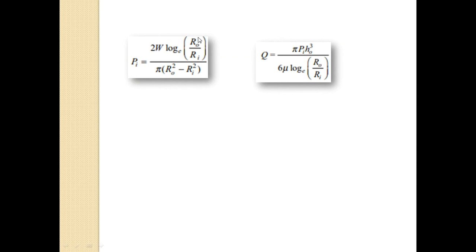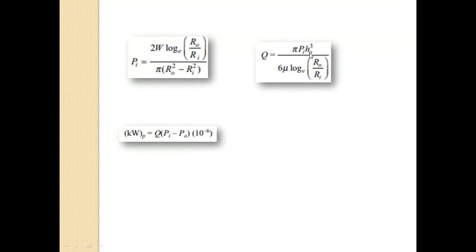We have to find H naught. Mu is given, the coefficient of viscosity. Rho and Ri are given. So we get Q in terms of H naught, because H naught is unknown.